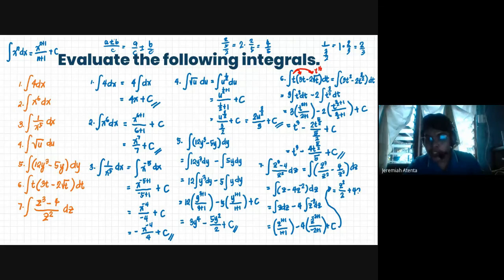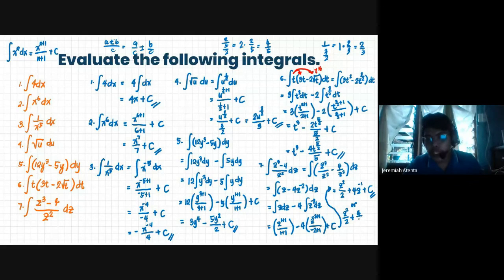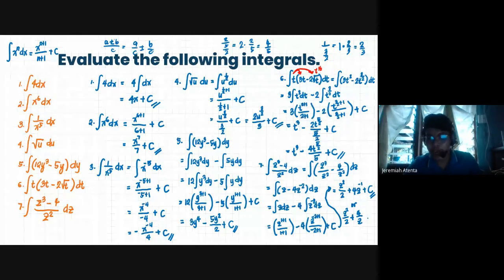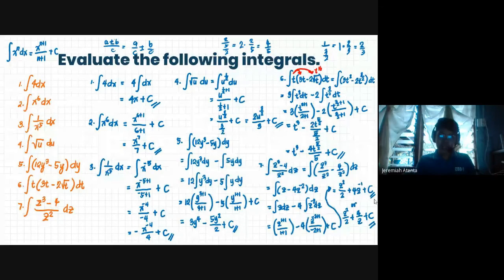Right? So positive 4 z to the negative 1 plus C. You can have this as your answer, or you have z squared over 2 plus 4 over z. Pwede nyo ibaba yung z to the negative 1. So magiging positive 1 yan plus C. Okay, any of the two, I will accept that one.